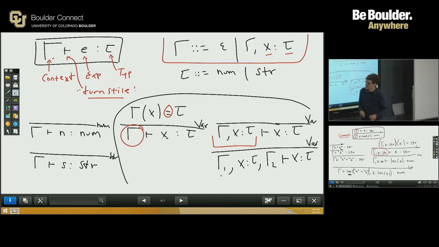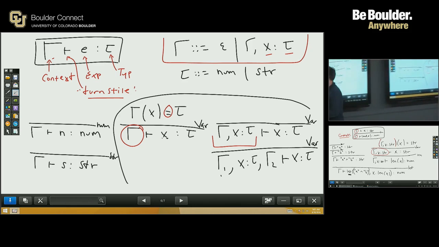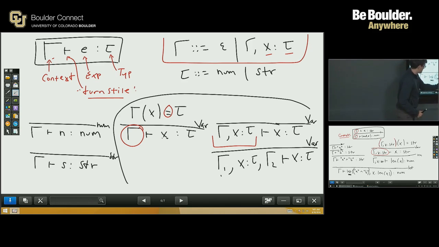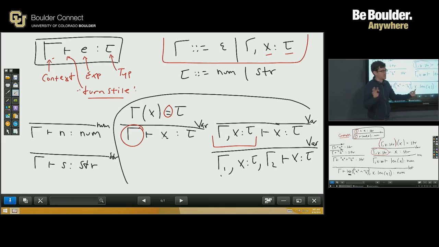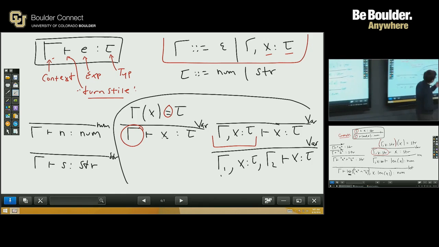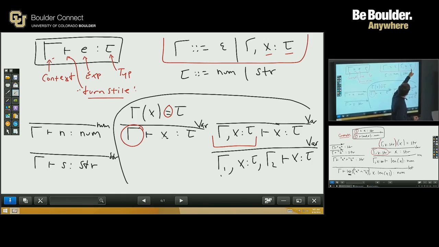In other words, in this program, once I've concatenated these two strings together and I call the result x, x will always be that concatenation for all time. It's never going to get mutated and change to something else. Later in the course, we'll talk about programs with state and mutation, but for now, there is no state or mutation. And the other important point is that here we're mapping variables to types.